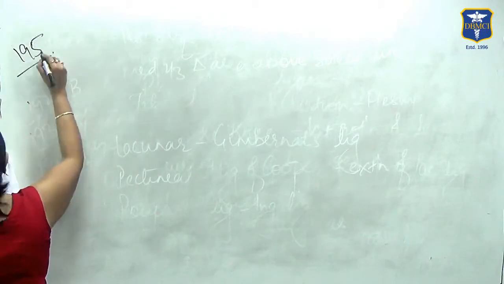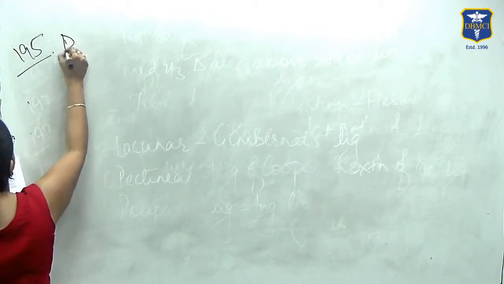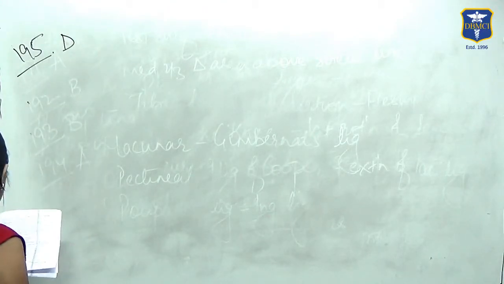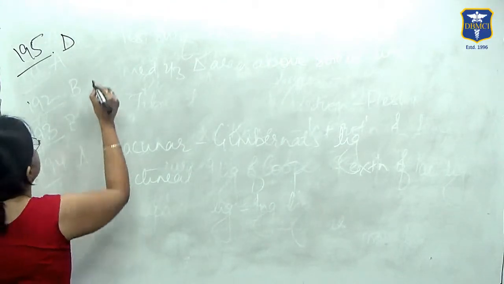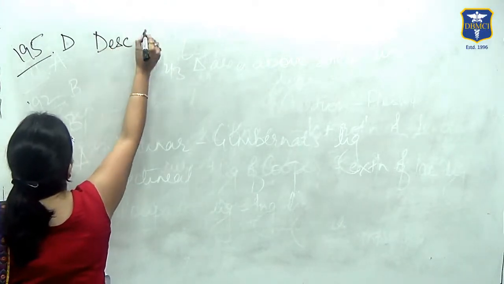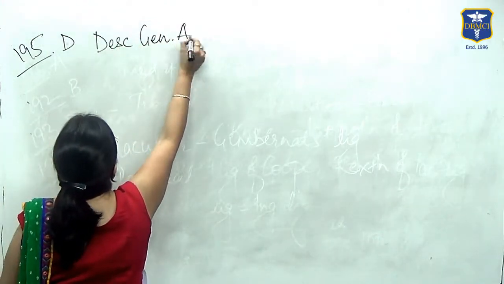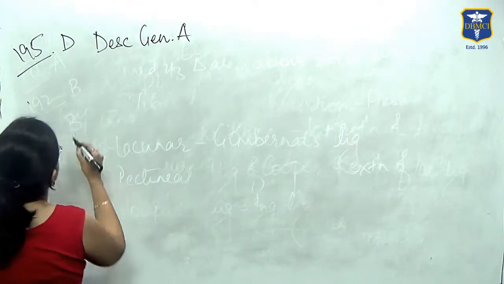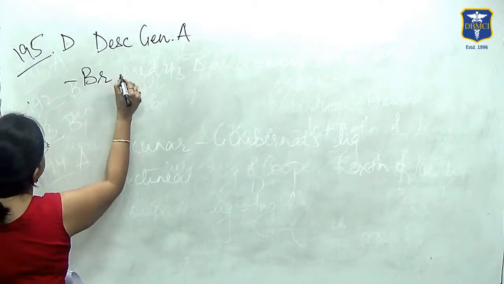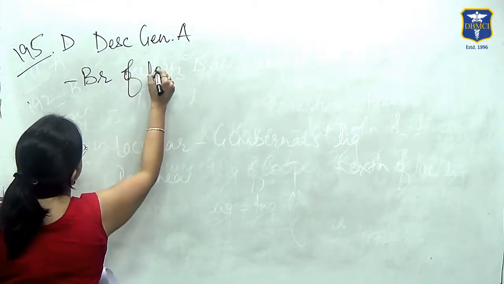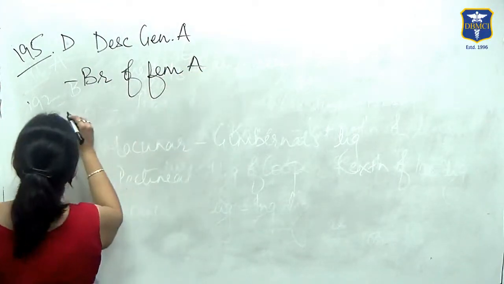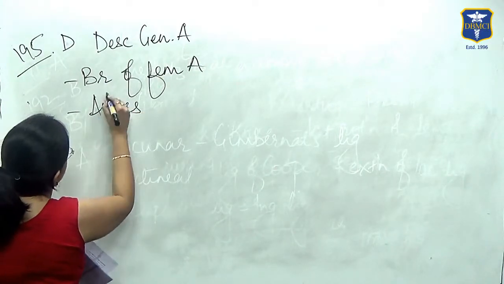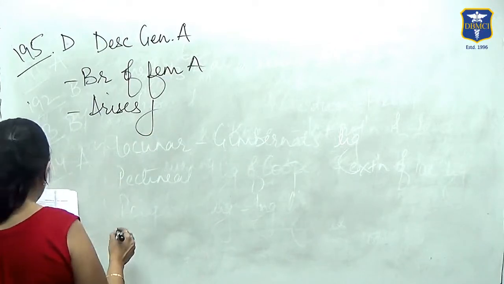Question 195, the answer is D. Descending genicular artery is the last branch of the femoral artery. We did this when we talked about the branches of the femoral artery. It arises just above the hiatus magnus.